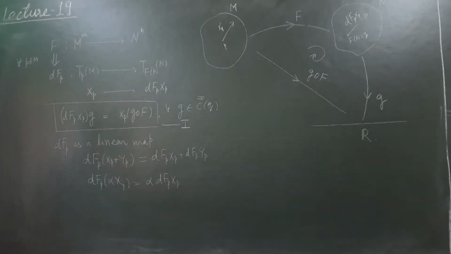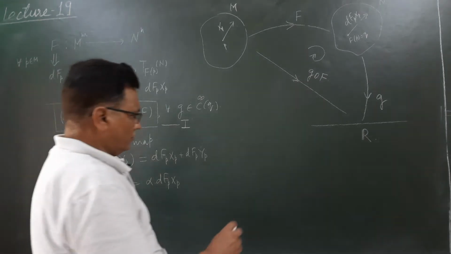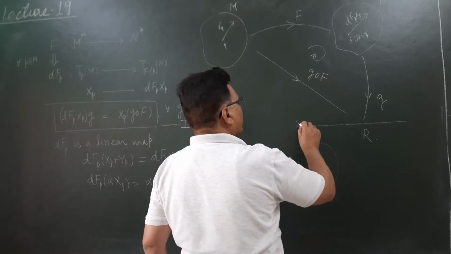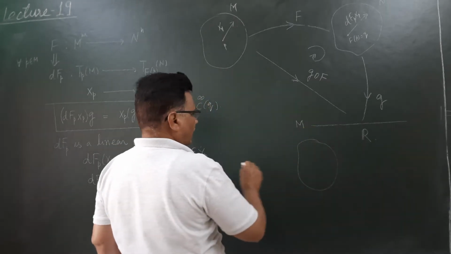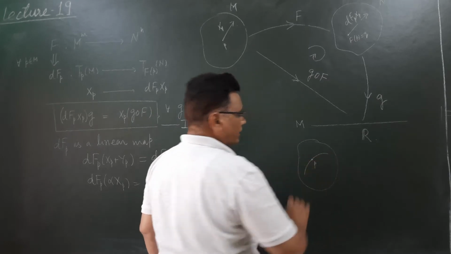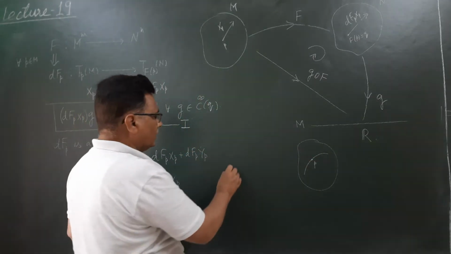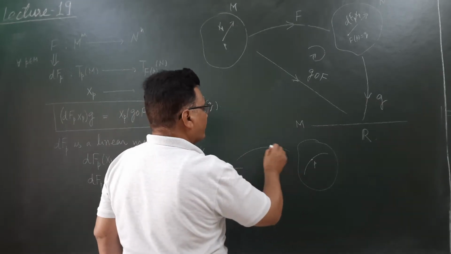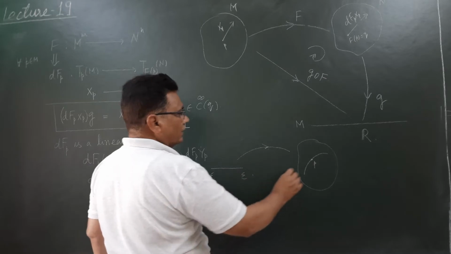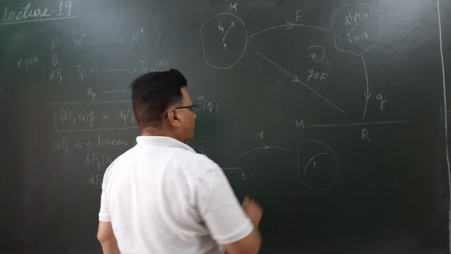One can define this differential of f geometrically also. So, what I will be doing is the following. Suppose M is the manifold here, and I will draw a curve passing through the point P. I will consider a map gamma from an interval minus epsilon to plus epsilon to here. Suppose this is gamma.